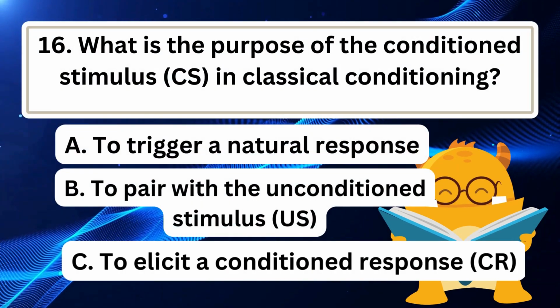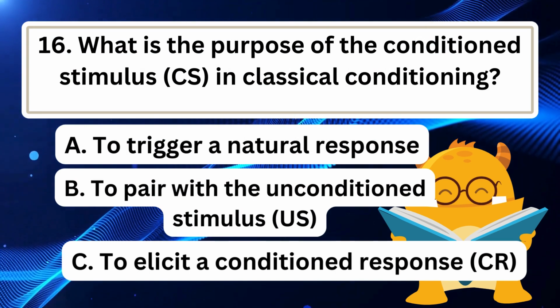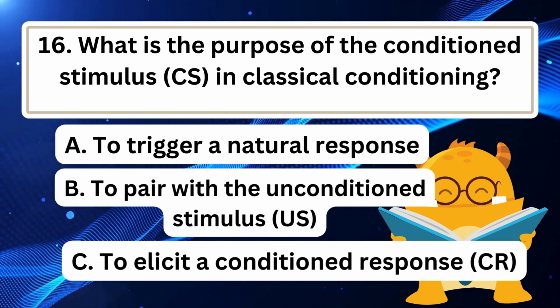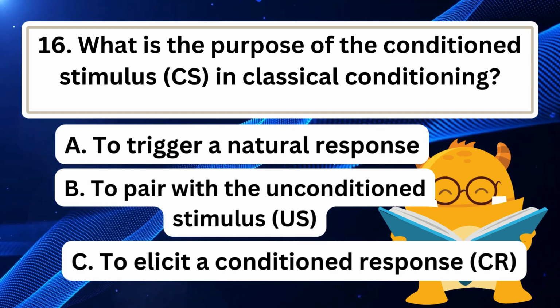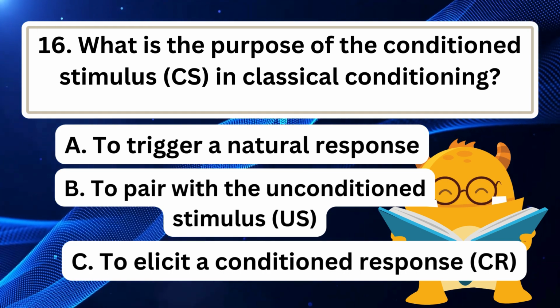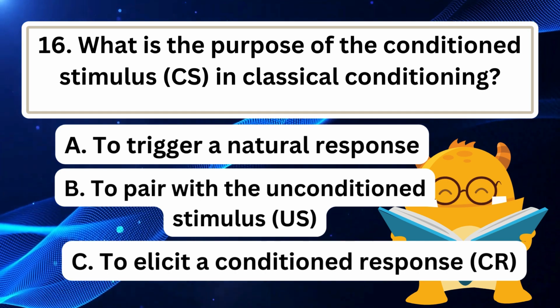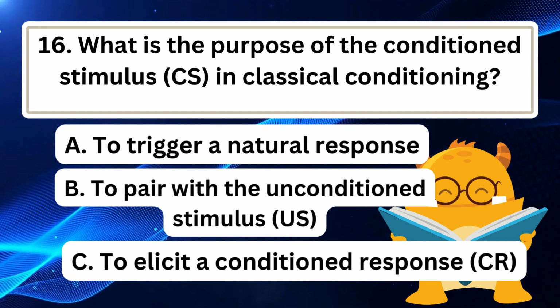16. What is the purpose of the conditioned stimulus, CS, in classical conditioning? A. To trigger a natural response. B. To pair with the unconditioned stimulus, US. C. To elicit a conditioned response, CR.